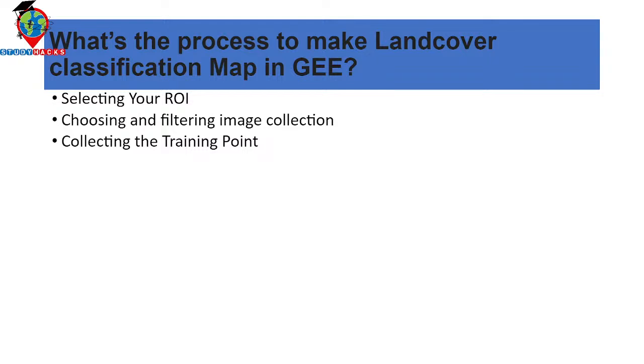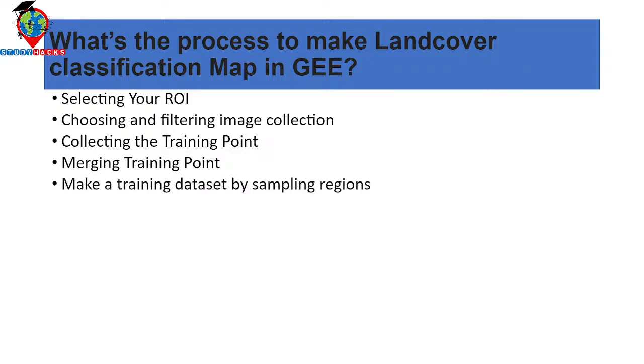After getting the training points, you just merge all of those training points simply in one variable. Okay. Now, after merging all of those training points, we have to create the data set. Basically, this data set stores the different types of spectral signatures. Suppose I take the training points for water.